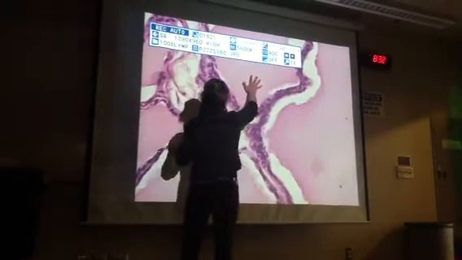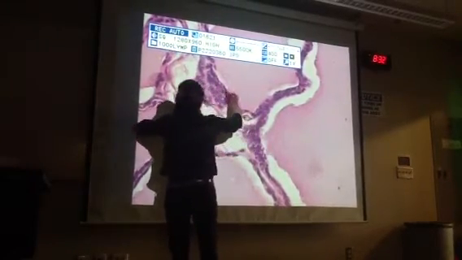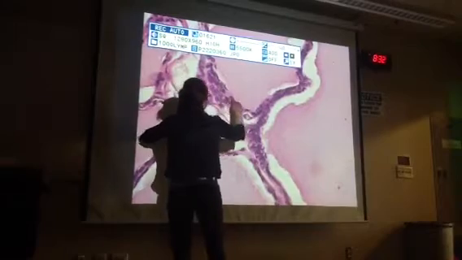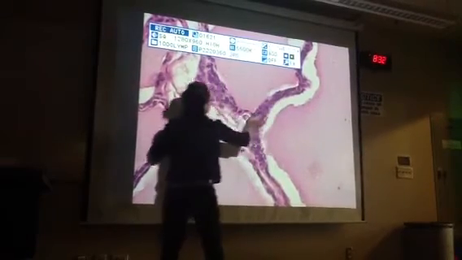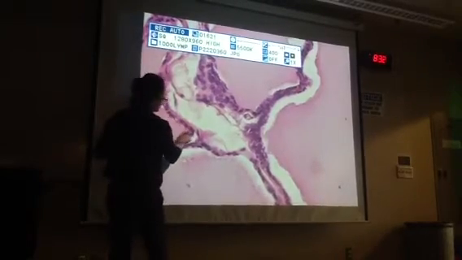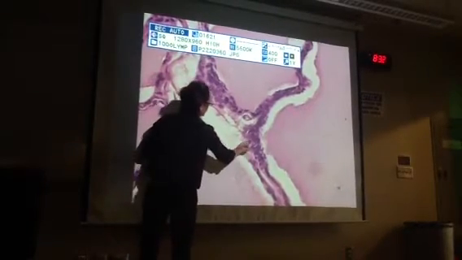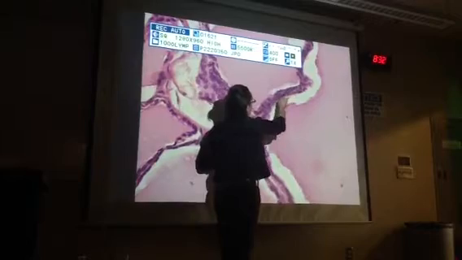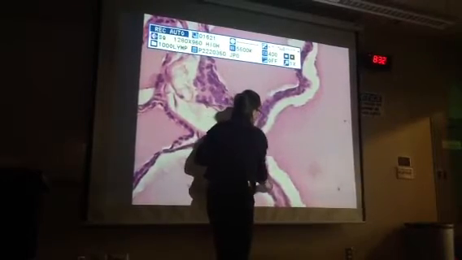Again, if this is a follicle, it's going to be lined with simple cuboidal epithelia going around like this. If this is another follicle here, it's lined with simple cuboidal epithelia. This one is lined with simple cuboidal epithelia.